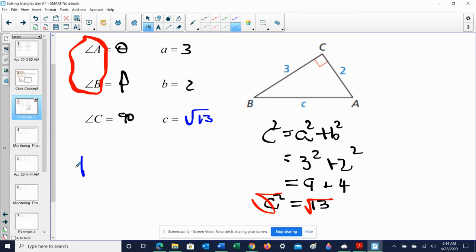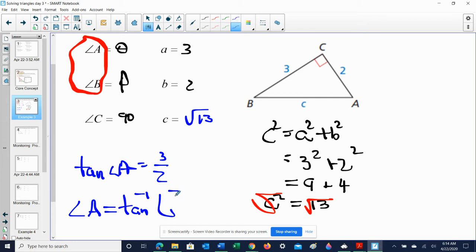So the tangent of angle A is equal to opposite over adjacent. So angle A is equal to inverse tangent of 3 over 2.